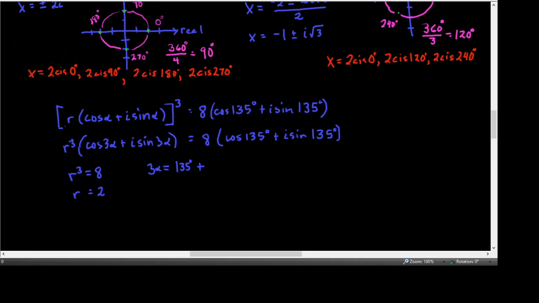So if we wanted to get all angles, remember we can add, it's like adding 2 pi k, but this is in degrees, so this would be 360 degrees k. And then if you divide by 3, you get 45 degrees plus 120 degrees k.